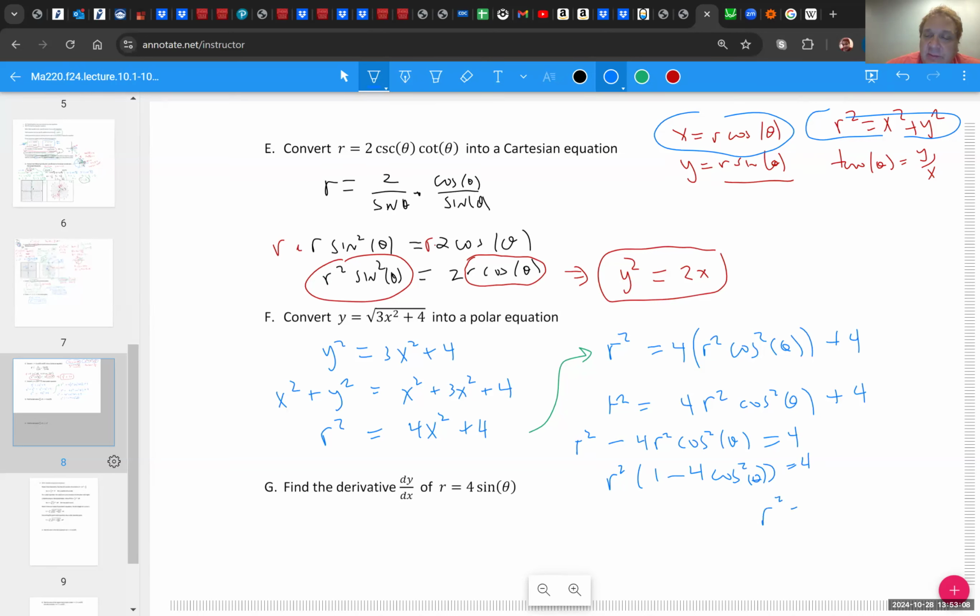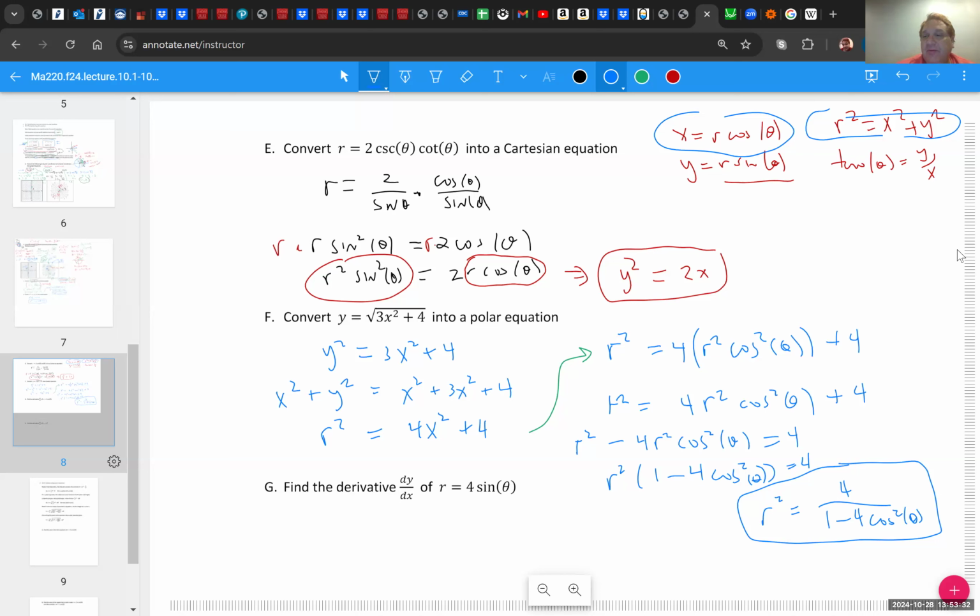So r squared is equal to 4 over 1 minus 4 cosine squared theta. And I think I should leave it like that. I guess you could take the square root if you wanted to get r by itself, but you would get a plus or minus because of absolute values. I'll just leave it as r squared equals 4 over 1 minus 4 cosine squared theta as a version of simplifying this into a polar equation.